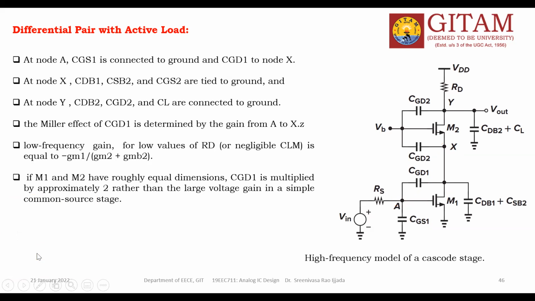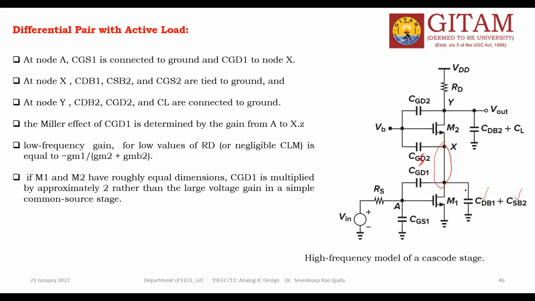When it comes to node X, this is node X. At node X, the drain to body of M1, the source to body of M2, and the gate to source of M2 are tied to the ground.